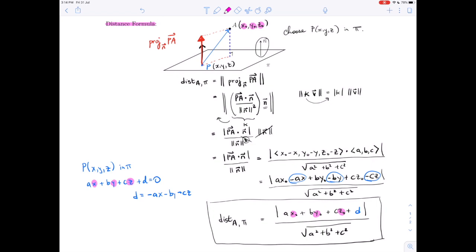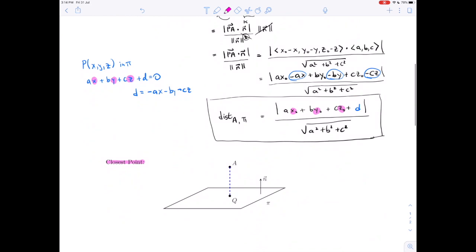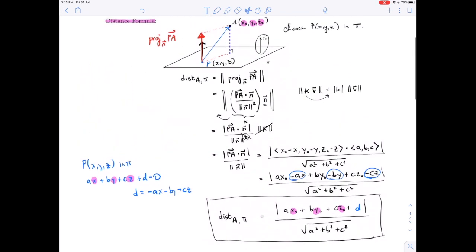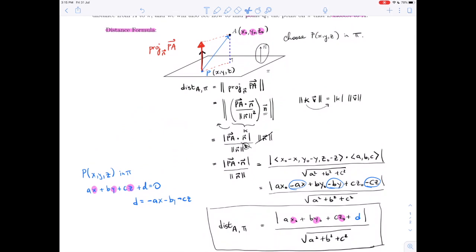Now, closest point. What if we don't want just that distance, but we also want this point Q? We want the point in the plane that is closest to A. Well, actually, it turns out that what we did above is kind of useful.